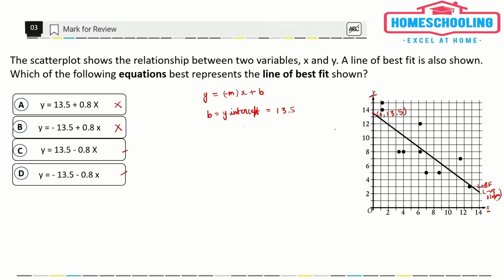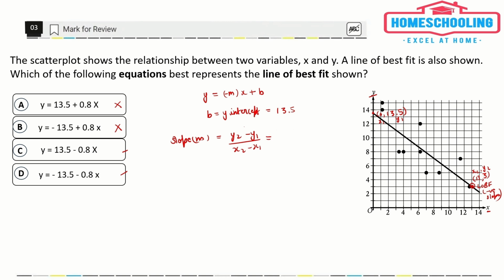Let's take another coordinate here, where x is 13 and y is 3. This is our x1 and y1, and this is our x2 and y2. To find the slope m, which is delta y by delta x, that is y2 minus y1 divided by x2 minus x1.